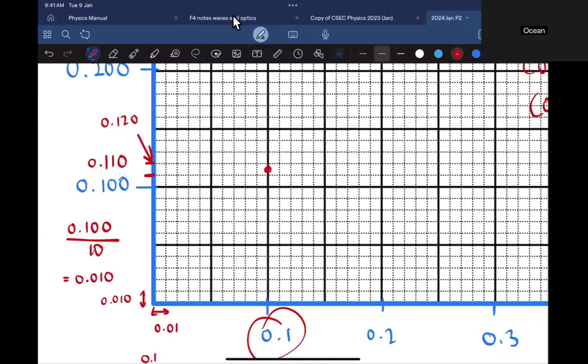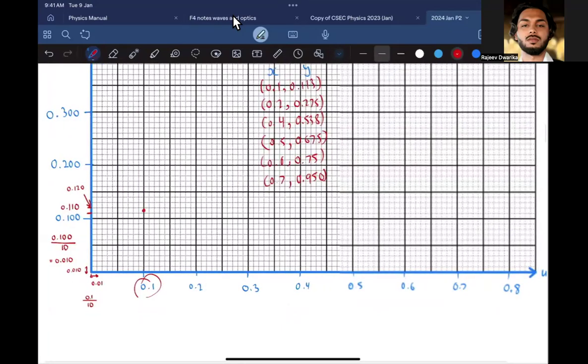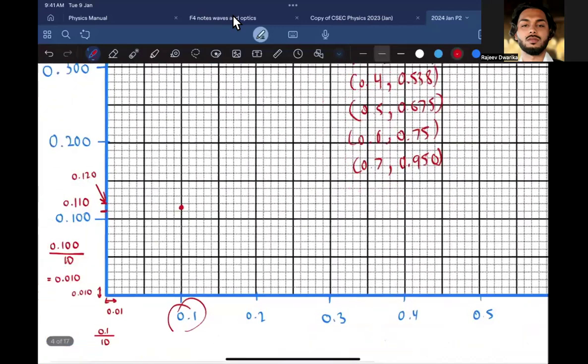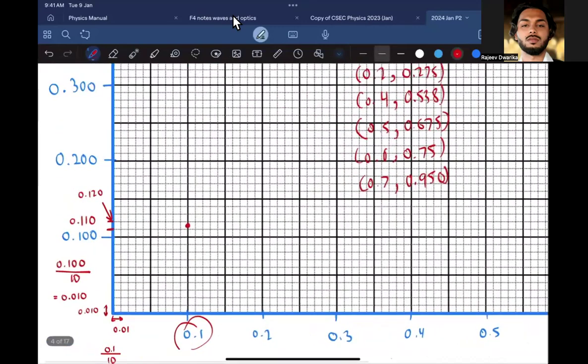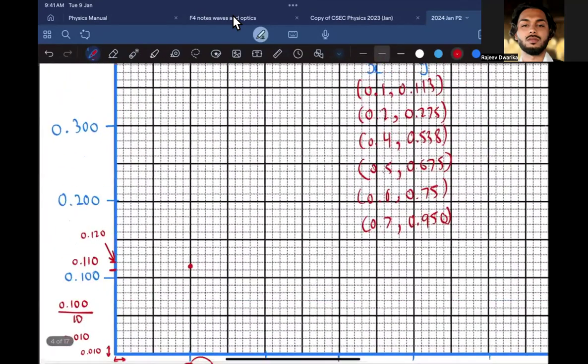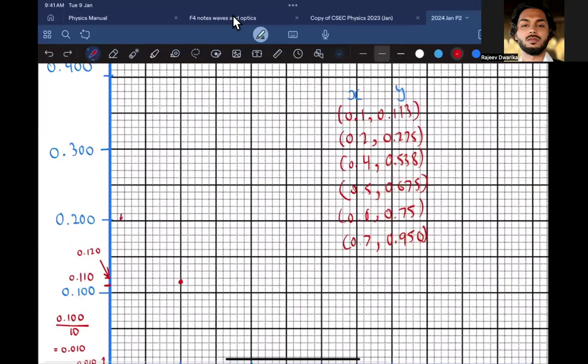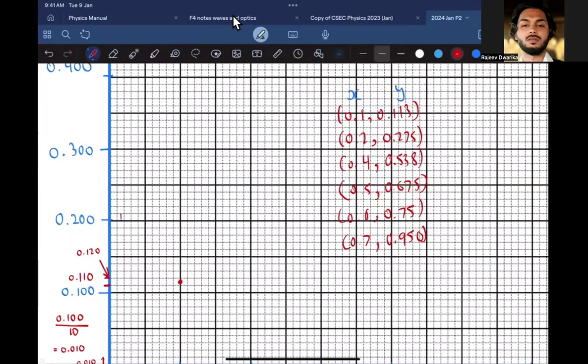Yes, sir. Okay, cool. So Ocean, you help me with the second point, right? The second point is 0.2, comma 0.275. If we know that one of these small blocks is 0.010 and we want to get 0.275, what's the minimum number of small blocks you need to go up by?